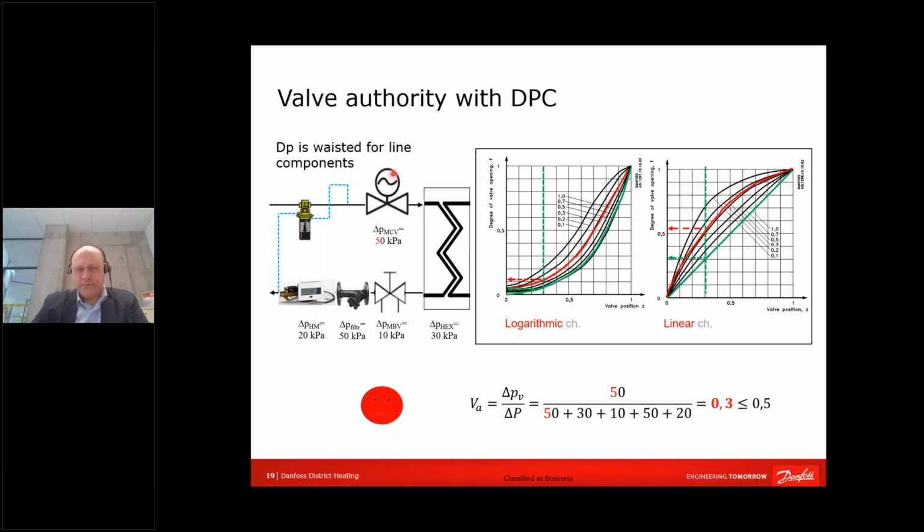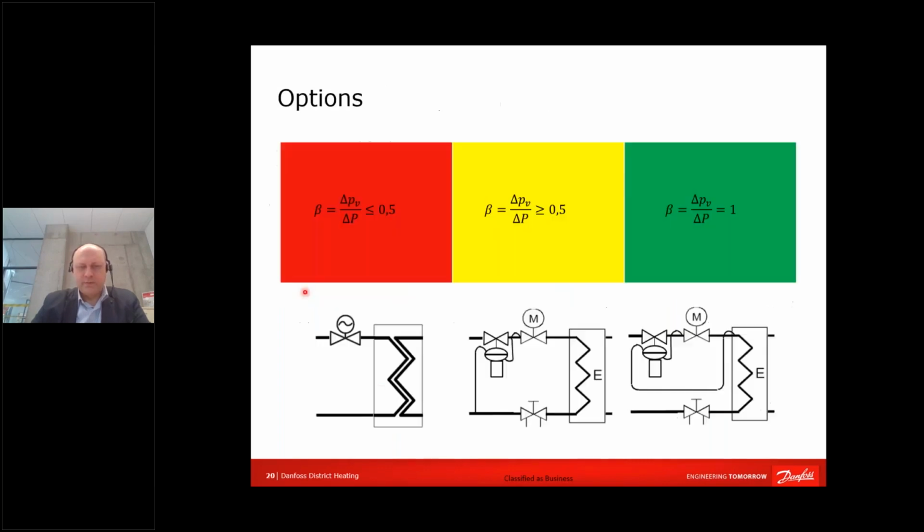What can I ask? I can propose that the pressure drop, or portion of the pressure drop, on the valve is as big as possible. It should be larger than the sum of all these components. Of course, there are limits. We will come to that later on.